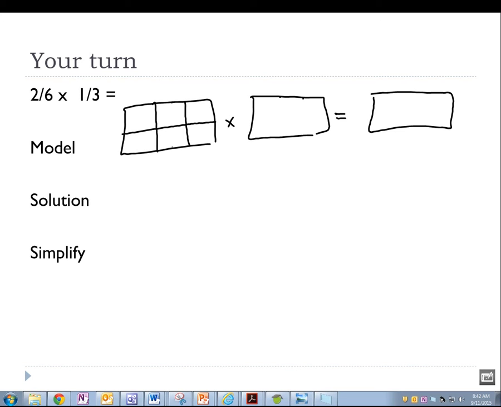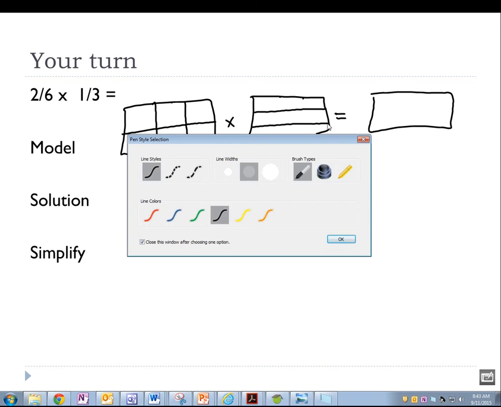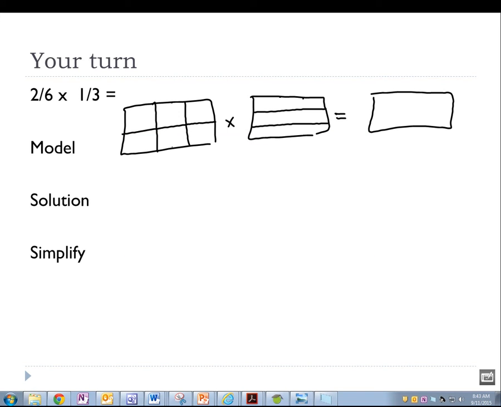I'm going to do it this way. So now we have to do 2/6, so I'm going to shade in 2 of these 6. Then I'm going to shade in 1 of these 1/3.